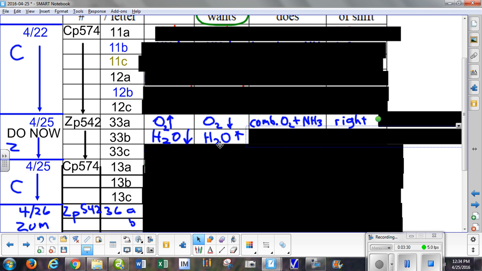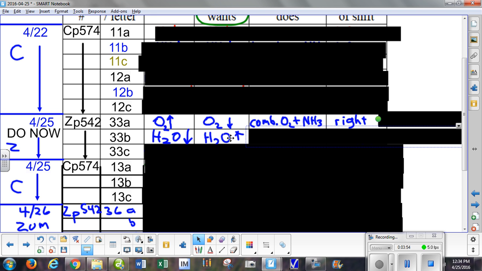I'm sorry? NO? That's going to use water up. NO and H2O combined, there is no more of either one of those. They're gone. They're being used up. They're being regrouped into ammonia and oxygen.